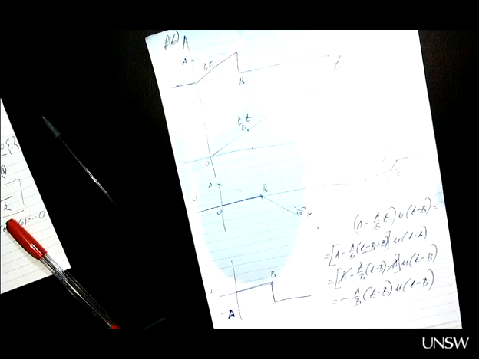Now I have t shifted by the same amount everywhere in this function. So now I can apply the Laplace transform. I can apply the shift theorem to get the Laplace transform of this function.